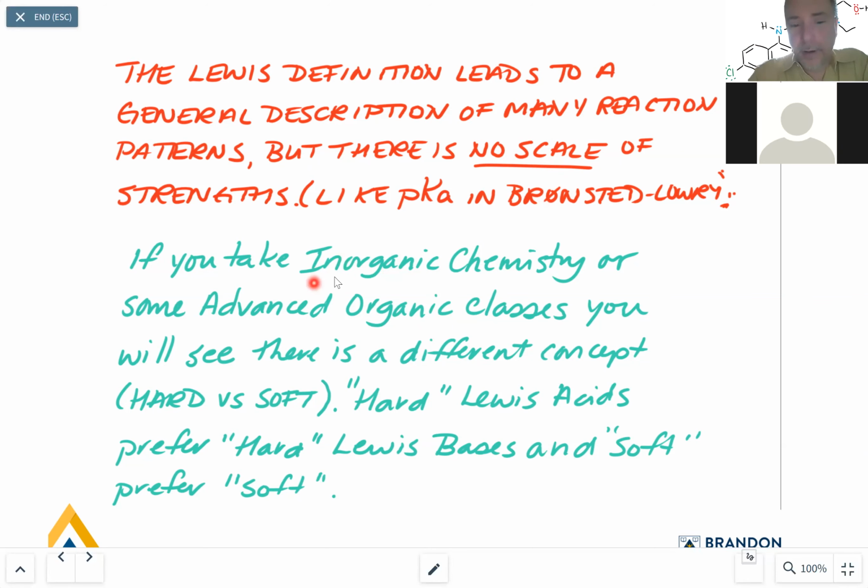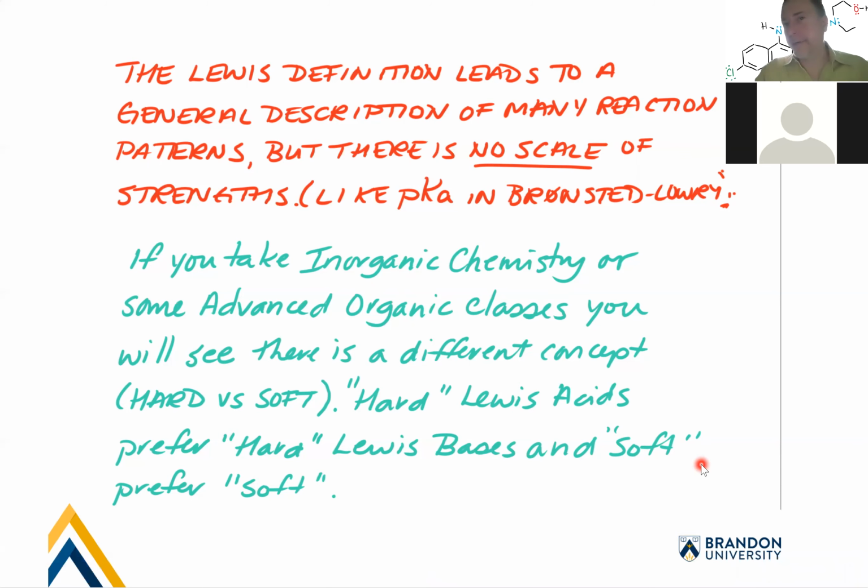In the wonderful world of inorganic chemistry, this would be revealed. If you take these courses, you'll see that there's a different definition. You can have a hard or soft Lewis acid, and a hard or soft Lewis base. Hard Lewis acids tend to complex with hard Lewis bases, and soft Lewis acids tend to complex with soft Lewis bases.